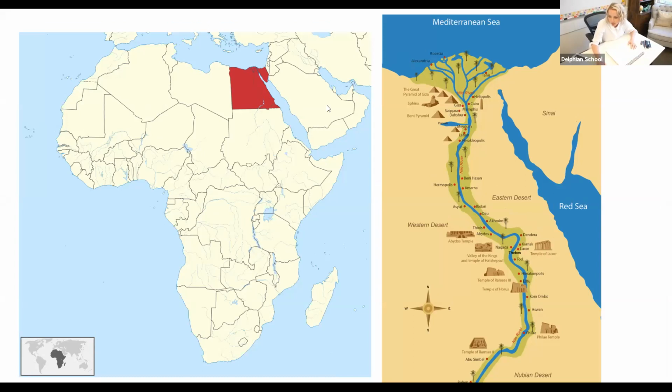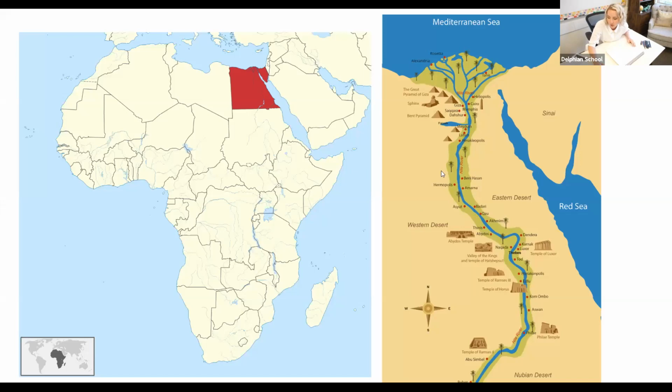And if you get in closer and you look at Egypt, there's a river there. It's a pretty important river. It's called the Nile River. And it's a really big river. At some places, it's like a mile or more across. So it's really big, and every year it would flood.